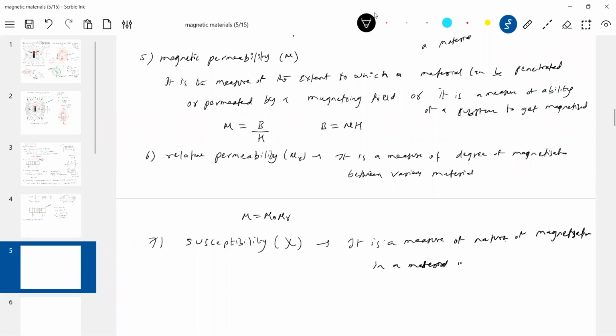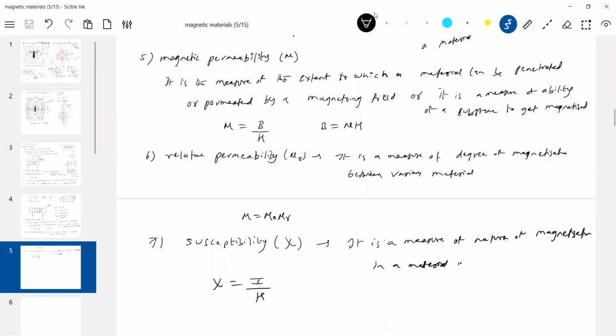So this susceptibility, I'll define as intensity of magnetization by magnetizing field intensity. In books, they've given the dictionary definition: it's defined as the ratio of intensity of magnetization to magnetizing field intensity. Of course, you can memorize the definition, but what is the meaning of that? It's a measure of nature of magnetization. Nature means Bm in the direction of B naught or opposite to B naught. So that is what is reflected by chi.